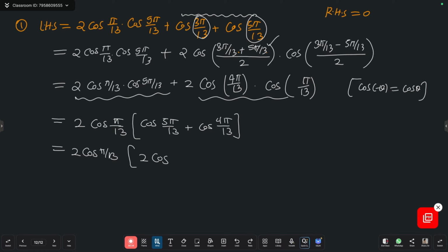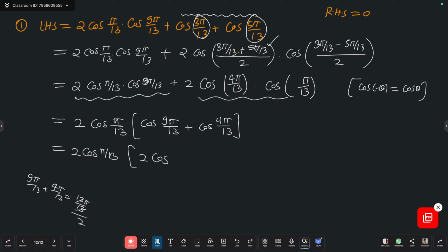It is 9, not 5. So 9 pi by 13 and 4 pi by 13 gives 13 pi by 13, and 13 cancels, only pi, but upon 2 is there, so it will be cos pi by 2.